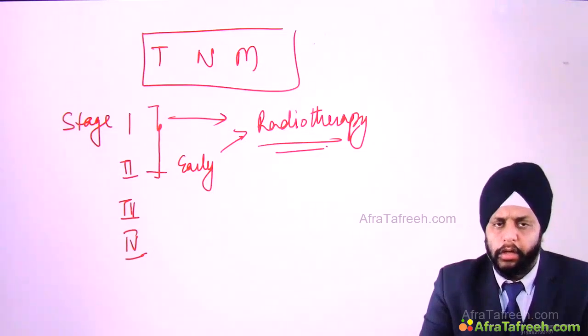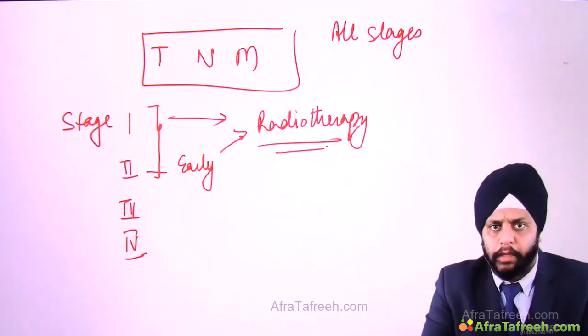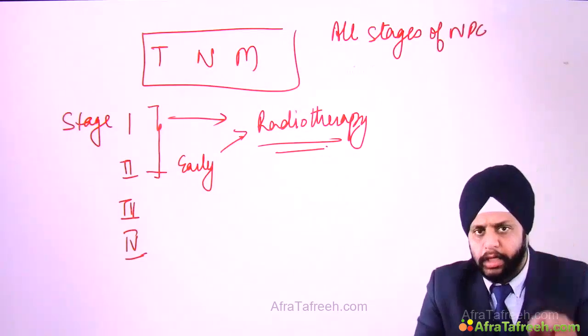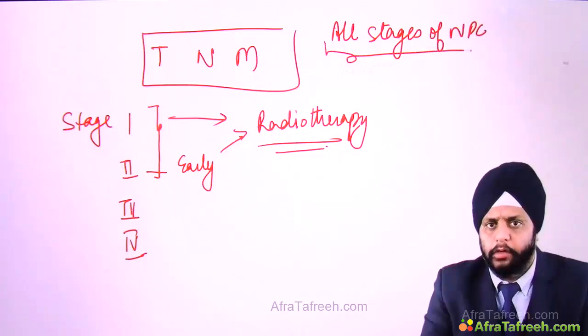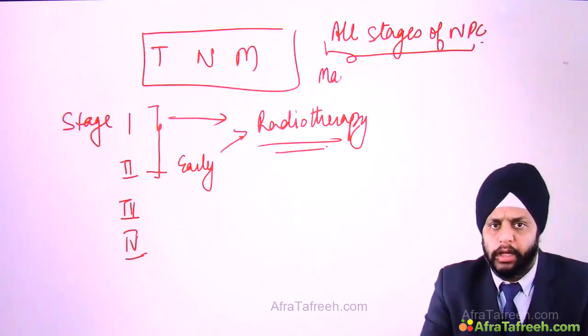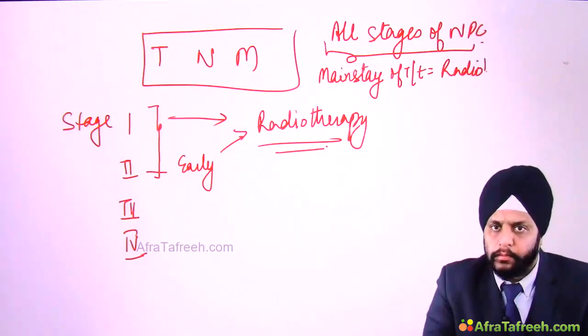So, in all stages of NPC, now mark my words very carefully, each of these words is an MCQ. All stages of NPC. If somebody asks you what is the mainstay of treatment, the mainstay of treatment is radiotherapy.